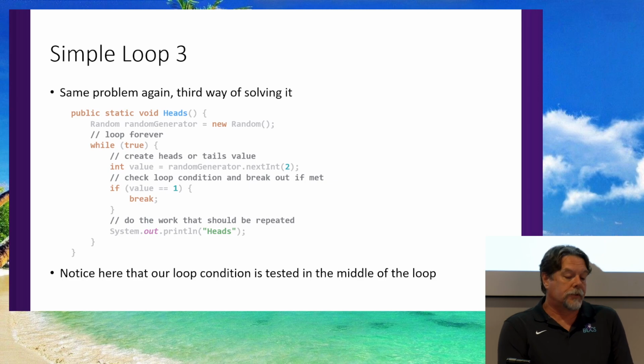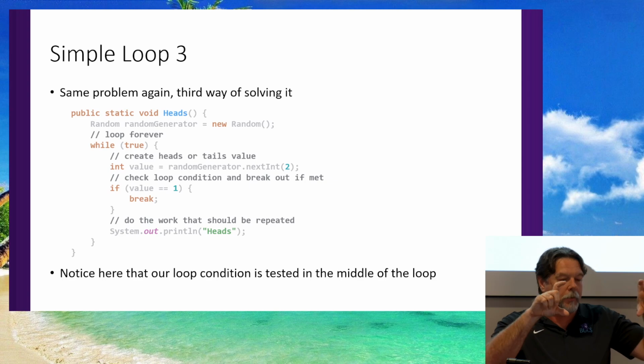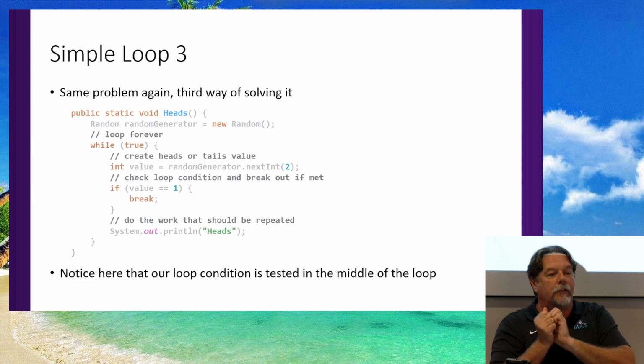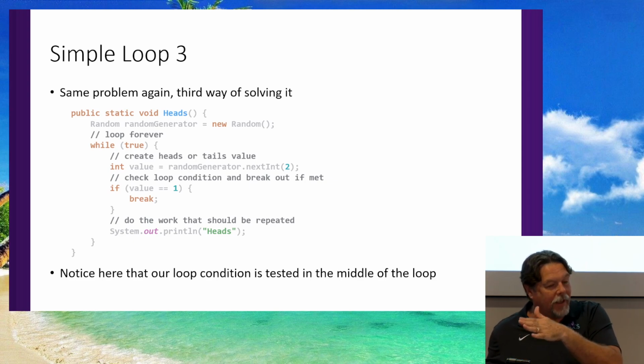And I should say, sometimes the priming read here is simply get the next integer from the random number generator. Very easy to do. Sometimes setting up the initial loop condition is maybe 4, 5, 10, 20 lines of code to initialize that situation. And then all those lines have to be copied at the end of the loop to get the next item.